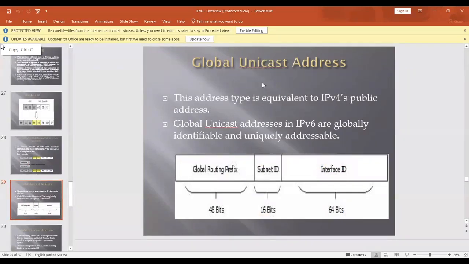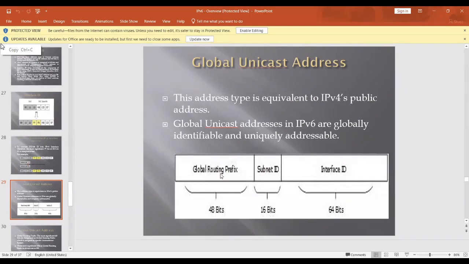And also I have to tell that there are different types of addresses under IP version 6. Some of the addresses we have found are the global unicast address and the link local address. If you take the global unicast address, this address type is equivalent to IPv4's public address. The global unicast addresses in IP version 6 are globally identifiable. Why?